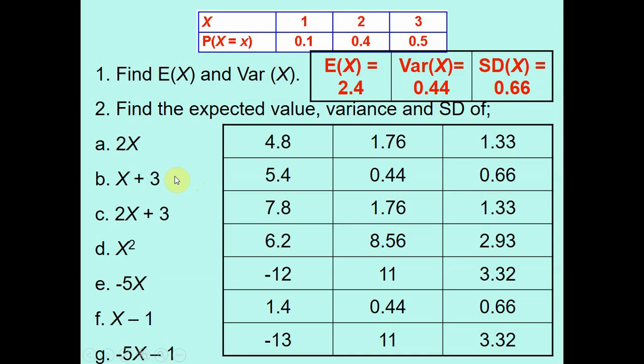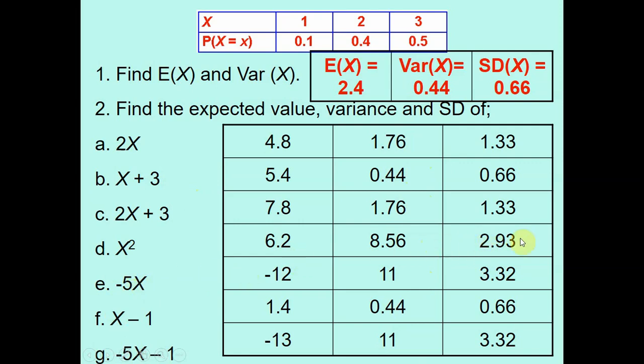Again, when we've added 3 to the data, it's had no impact on the spread, so the variance is the same. This is going to be the same as this one because the +3 has no impact, and similarly down here, that rule seems to hold. So we're multiplying the variance by this coefficient of x squared. Okay.